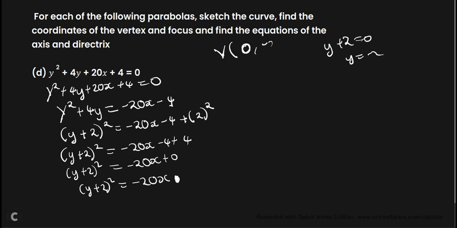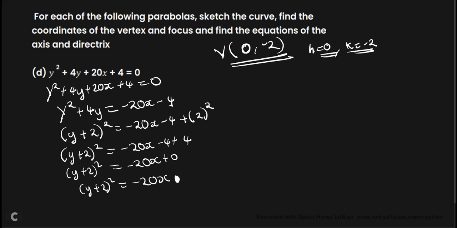So we have h, which is 0. What's k? k is negative 2, like that, right? So h is 0 and k is negative 2.